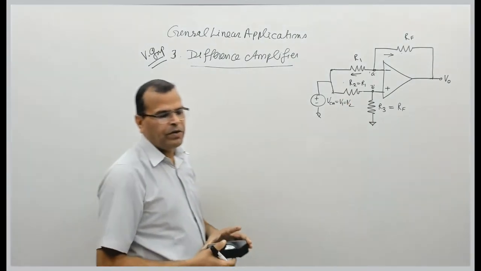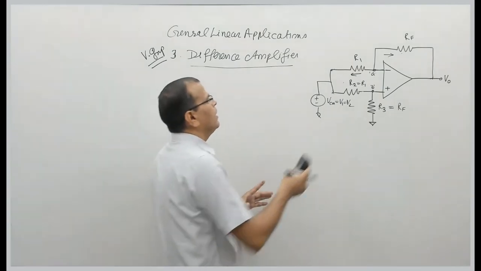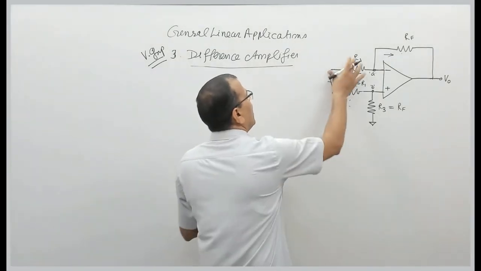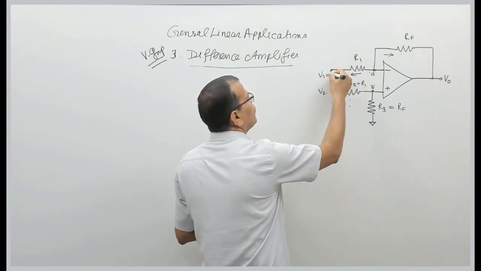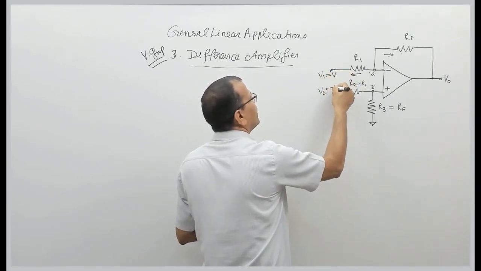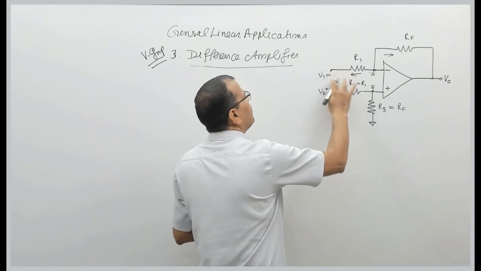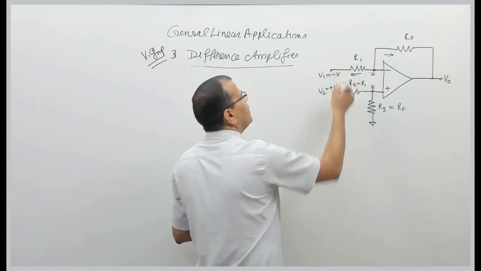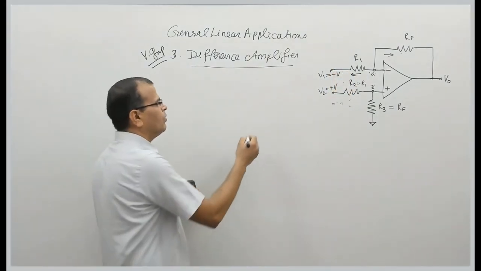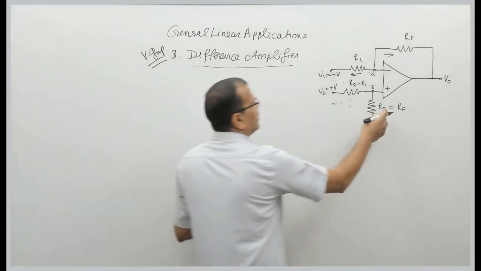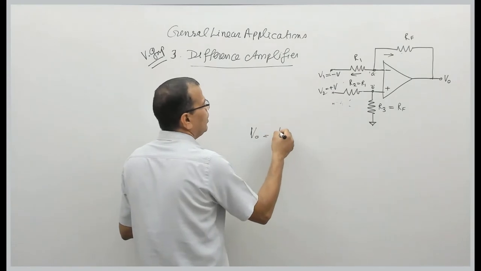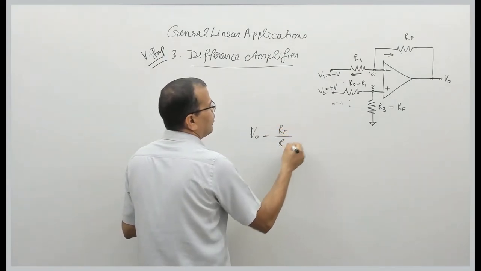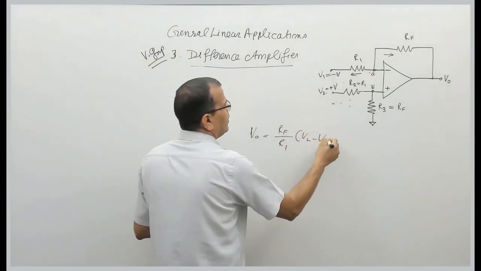Third mode can be differential mode with V1 equal to V and V2 equal to minus V, or V2 can be equal to V and V1 can be minus V. In that case, what will be the gain? This condition will be kept the same. So output will be RF by R1 into V2 minus V1.